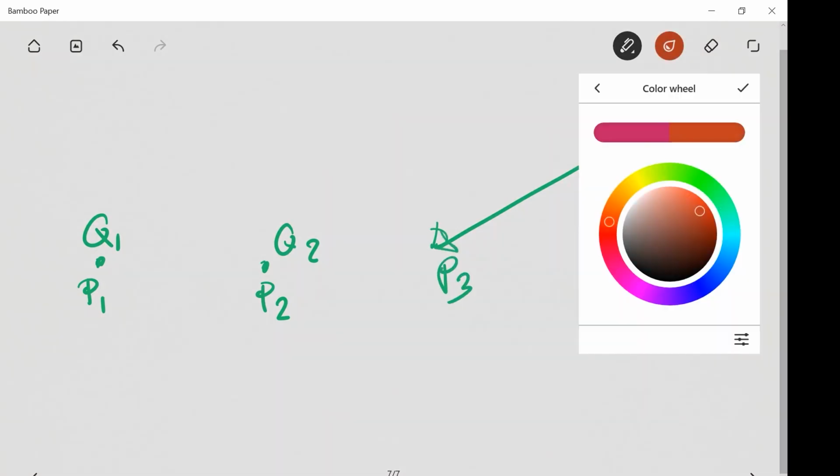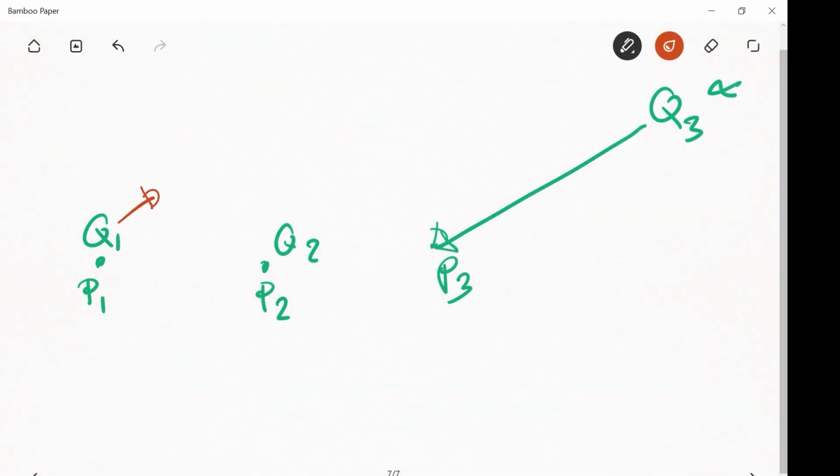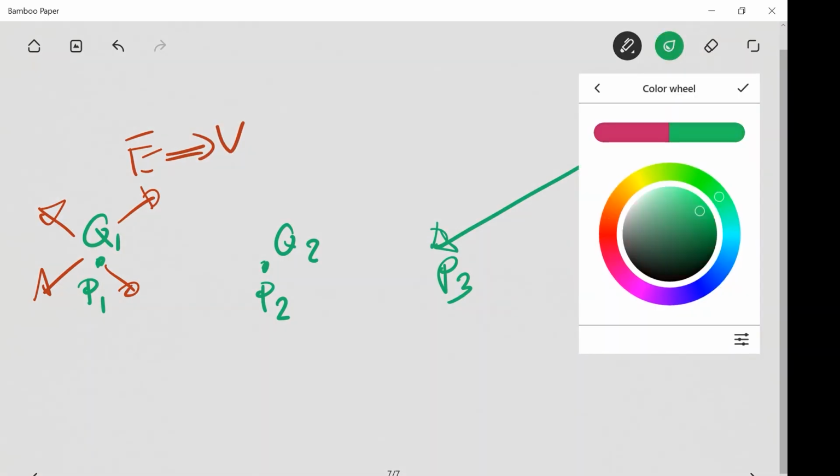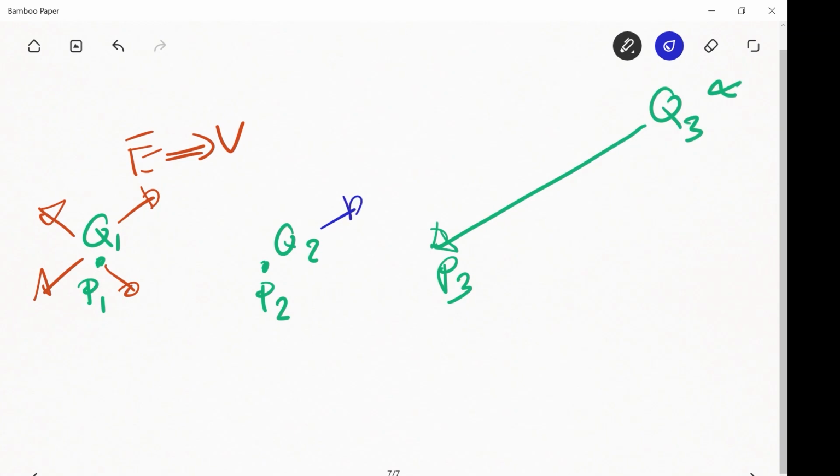We have an electric field produced by Q1, which produces a potential, and also an electric field produced by Q2, which also produces a potential.